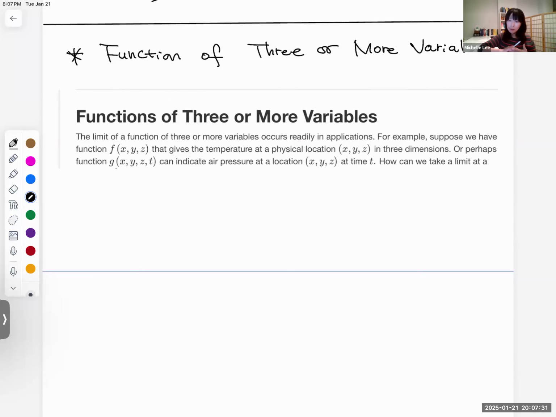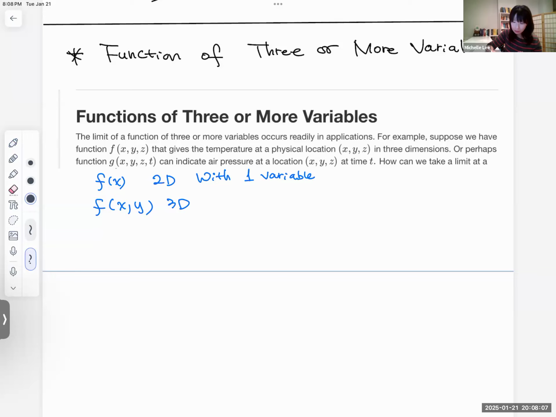Okay, so let me talk about functions of 3 or more variables. We have the function notation f of x, which is 2-dimension with one variable, just x. And we just learned that f of x, y is 3-dimension with two variables.